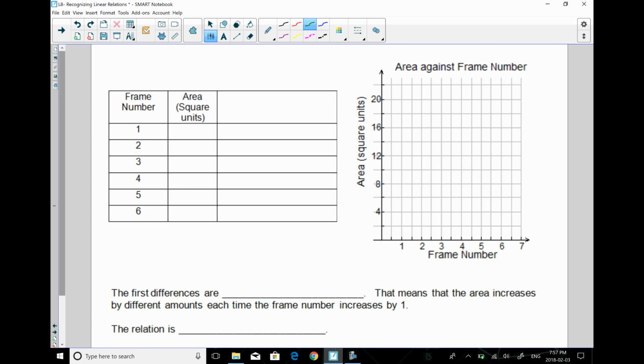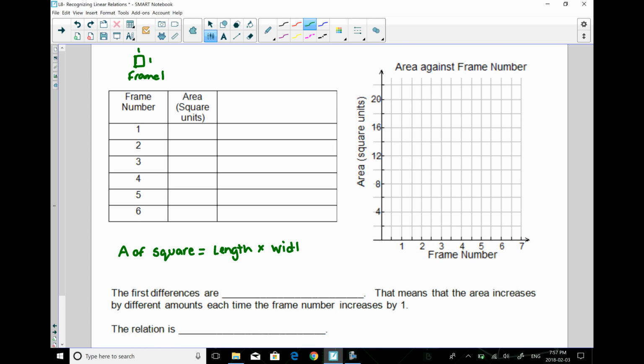The area of a square, just to recap, is length times width. So the first frame is 1 times 1, which is equal to 1.